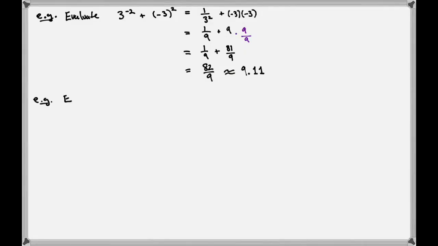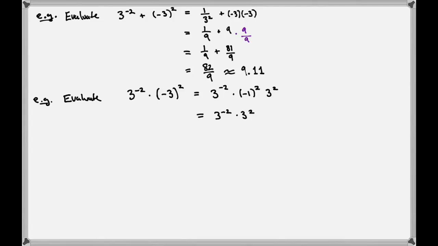Okay, let's look at the second example here. We'll take the same expressions, the same terms, but we'll multiply them together instead of addition now. One way to approach this is to observe that minus 3 has two factors of -1 in there. So it's 3 to the -2 times -1 squared. I'm just thinking of them separately, and then 3 squared. Because it's squared here, the -1s will cancel each other out.